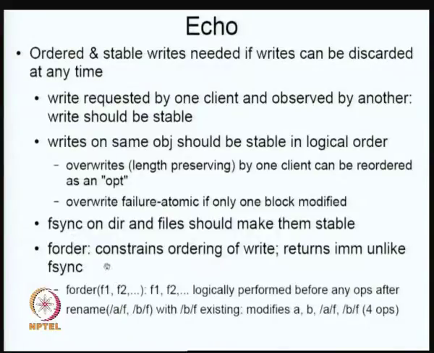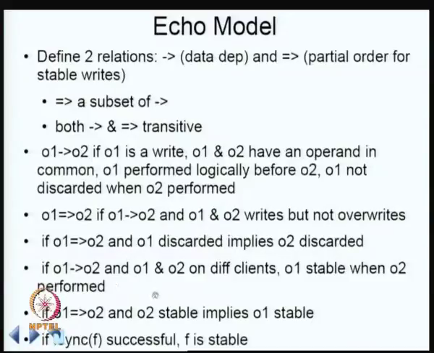If your file system has the notion of F order, then the application level ordering through F order can be used by the file system to decide in which order it should flush. So the basic condition is the following: if you have a partial order for stable writes, you have to ensure that it happens in that particular order.